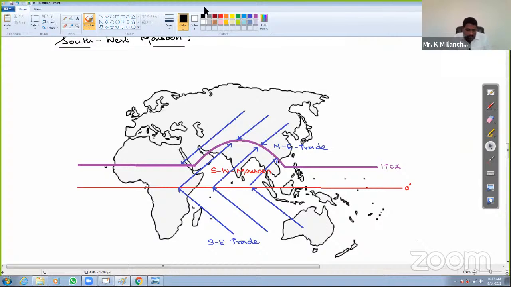The next line you can write: ITCZ during summers completely places itself in the northern hemisphere.